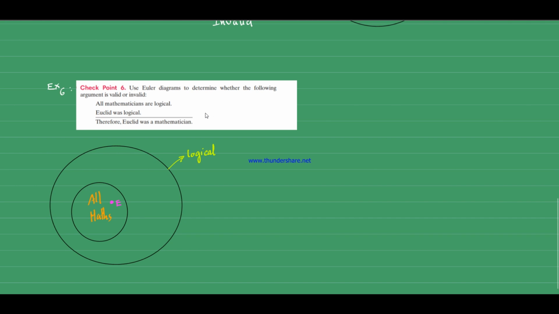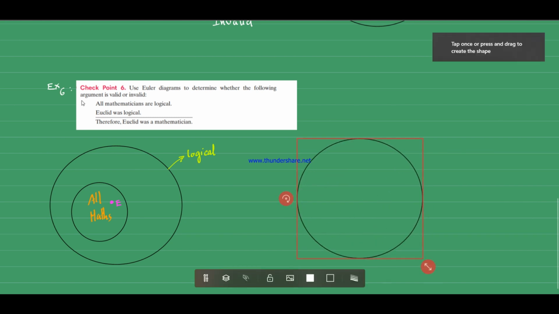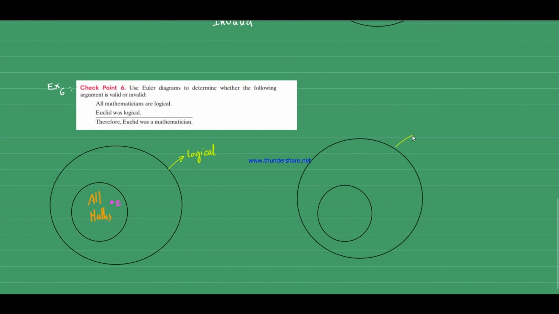But the thing is, I can also put Euclid outside here. So this is logical, this is all mathematician, but I can put Euclid over here. So it means that Euclid is not always a mathematician.